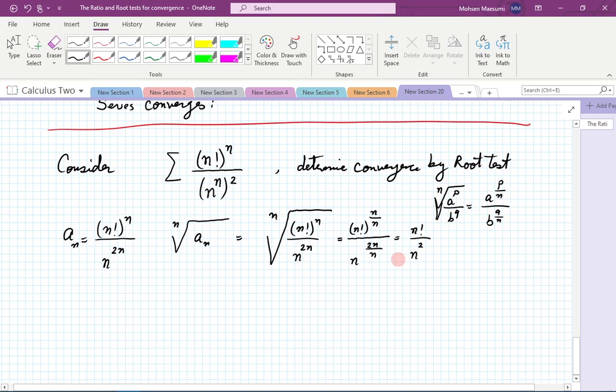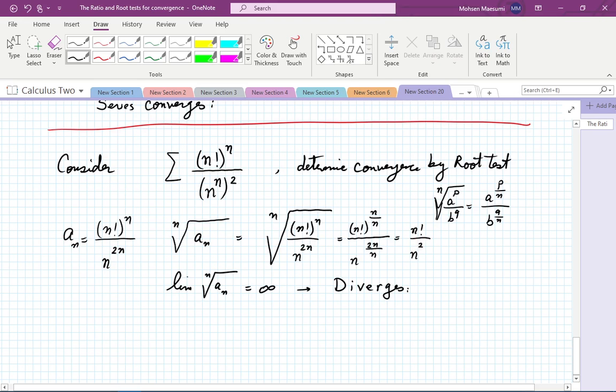So as we take the limit of the nth root of a_n, factorial grows substantially faster than any polynomial, and the ratio goes to infinity. If the ratio goes to infinity, what can I say? We said if the ratio is larger than 1, the series is going to diverge, and this is going to be almost the worst divergence that you can have. So in this case, we say the series diverges because the limit becomes infinity.